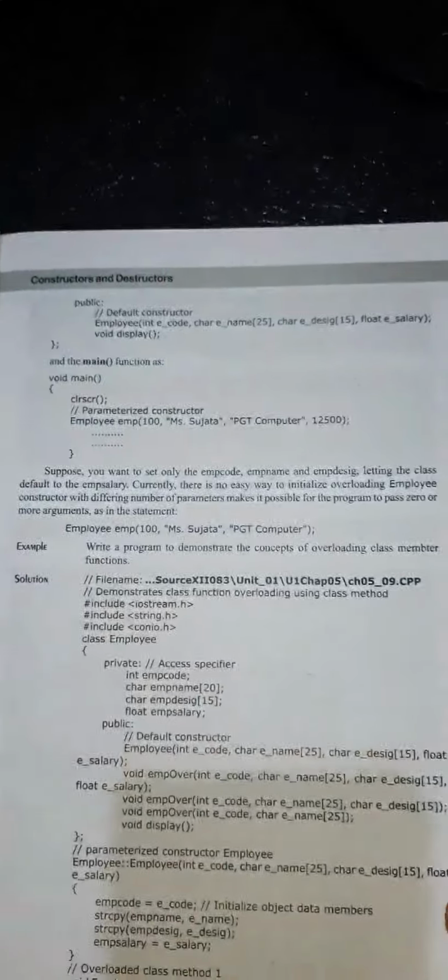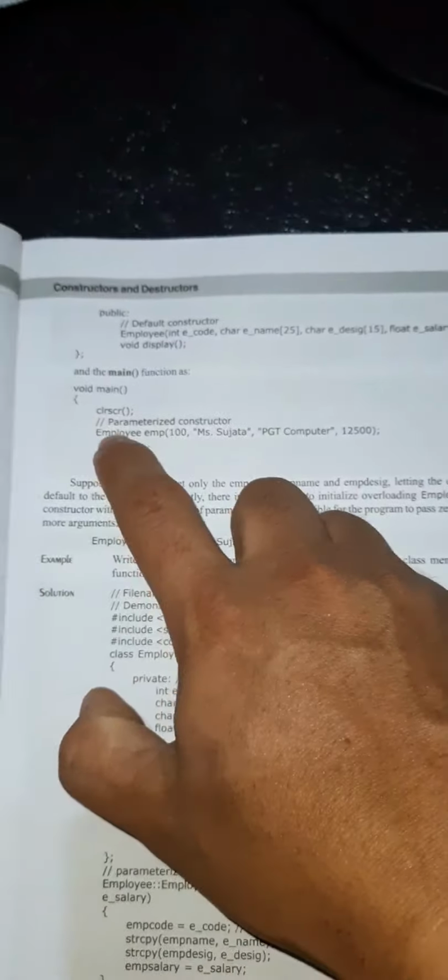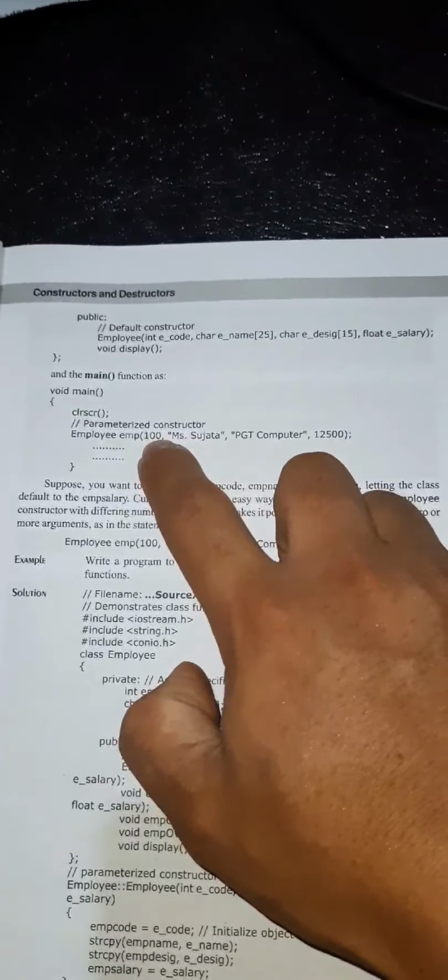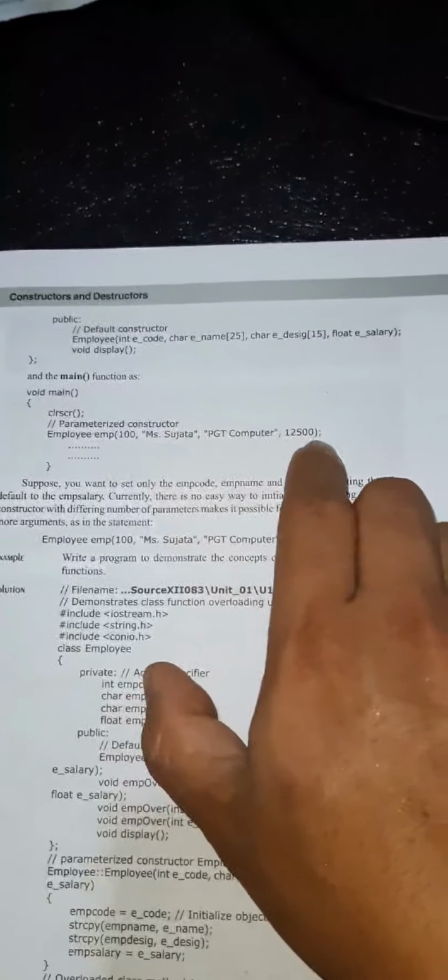If you have seen this, this is implicit code. Here you're passing the values 100, Miss Sujata, PhD computer, and 12,500, so these values get passed.